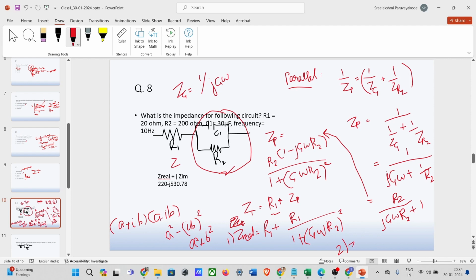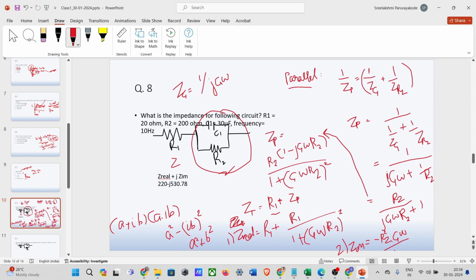So imaginary will be nothing but, don't forget the minus, R2 C1 omega, and you have another R2, so R2 square by the same denominator.